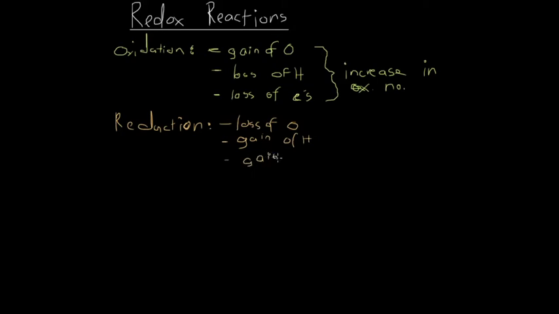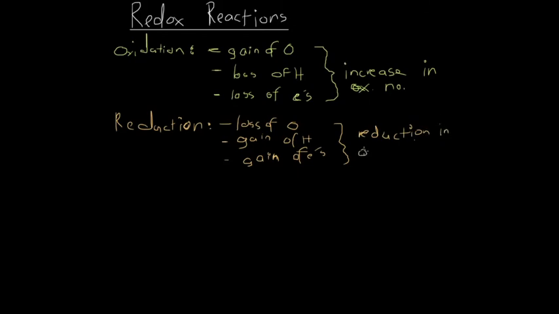So there are again three different ways that reduction can occur, and they're obviously opposite to the ways that oxidation can occur. As the name suggests, reduction involves a reduction or decrease in oxidation number. So that's an easy way to remember it: reduction reduces the oxidation number.